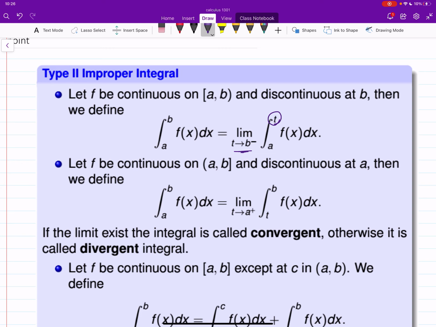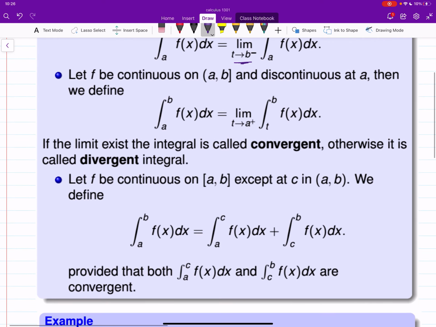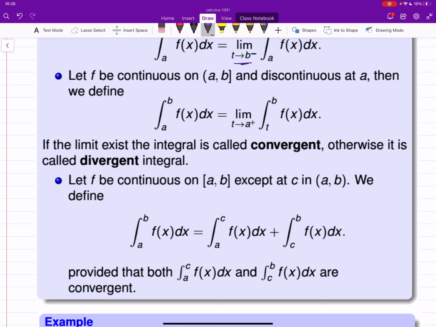Now, what will happen if a function is discontinuous at a point inside the interval ab? In that case, we will chop up our integral into two pieces, from a to c and from c to b. Each one of these is an improper integral.